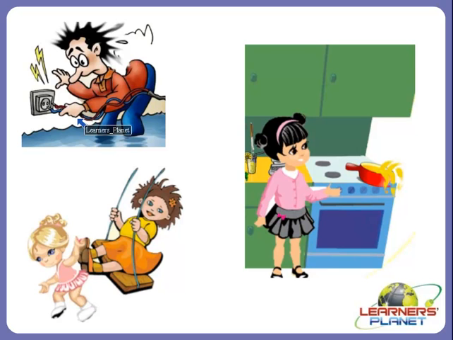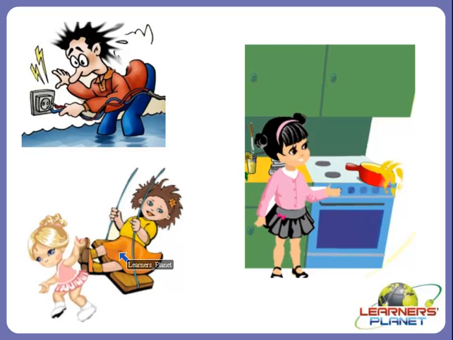So always remember that you should not touch any electrical appliances in the presence of water. If your hand, or any portion of your body, is wet, you should not touch electrical appliances. Otherwise, you may get an electric shock. So this should be avoided.